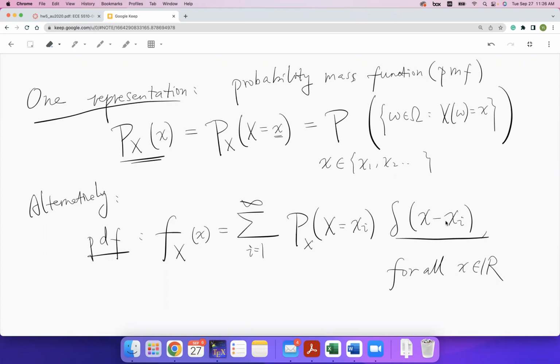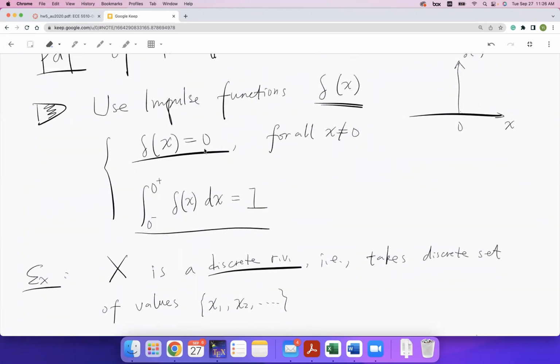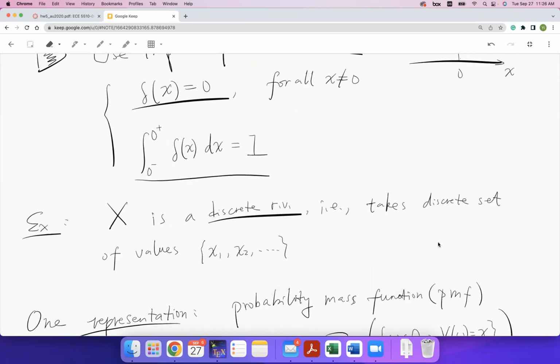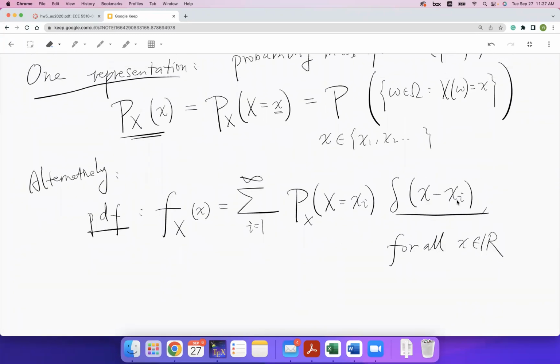If this x does not equal any of the xi, then by the property of the delta function, if inside this parenthesis is not zero, the delta function always produces zero. So if we are not hitting these outcomes of these random variables, then this is always zero. So we will only have this probability mass when we hit a certain outcome.